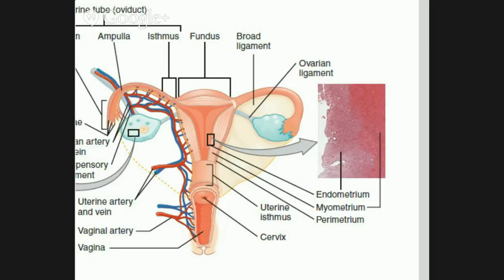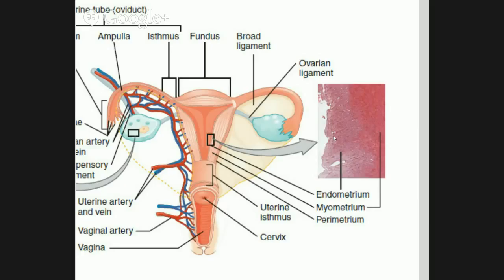The functionalis, or functional layer, is part of the endometrium that changes its thickness over the course of the uterine cycle. Now, I was talking about the ovarian cycle a little while ago. That's a 28-day cycle, which has ovulation happening right in the middle at day 14.